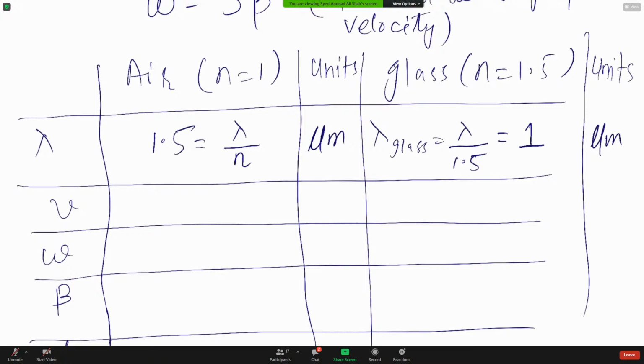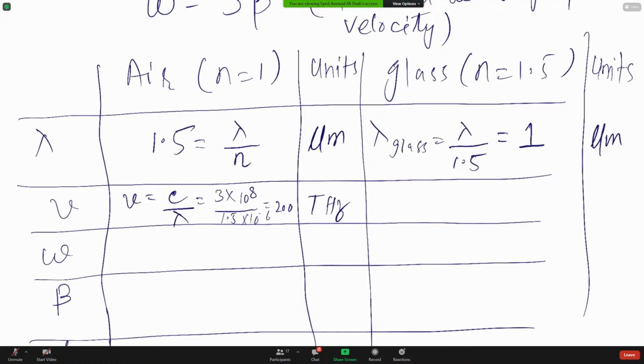So F is nu. So which means nu is equal to C over lambda. Okay. And it means 3 into 10 to raise power 8 divided by 1.5 into 10 to raise power minus 6. And your answer would be, let me tell you, 200 terahertz.